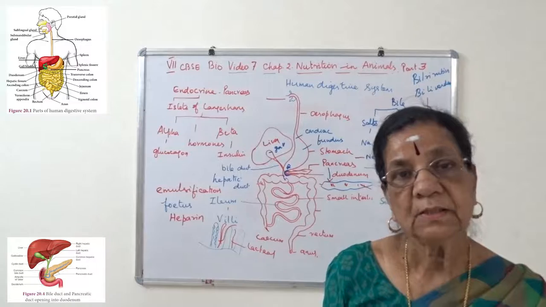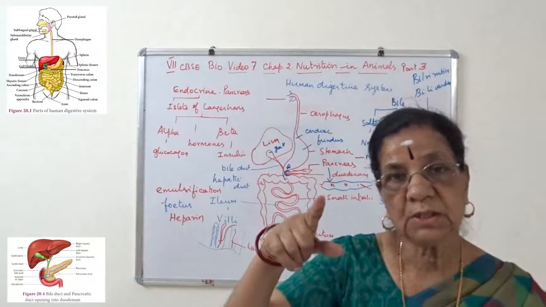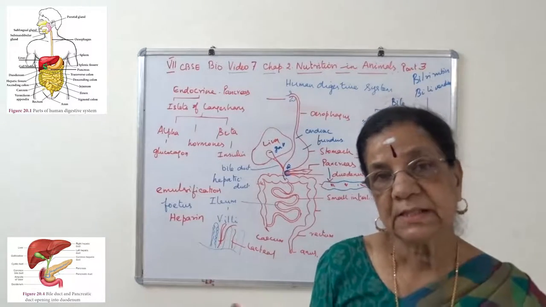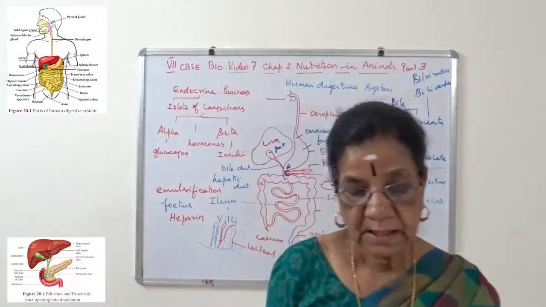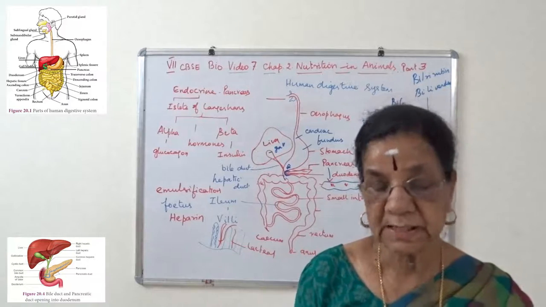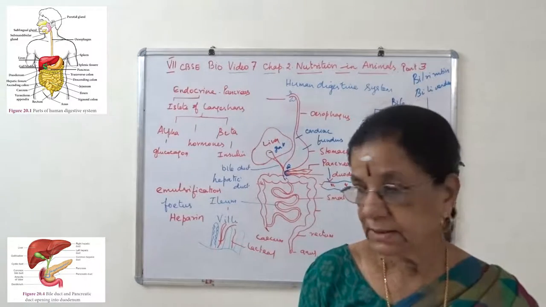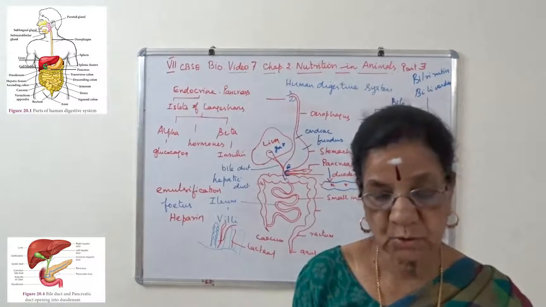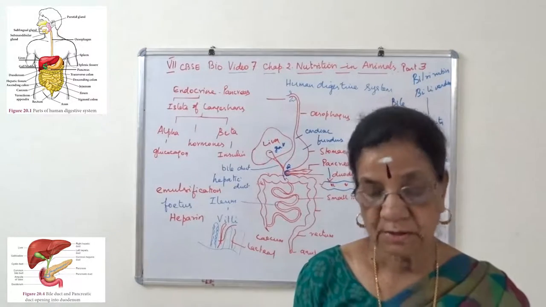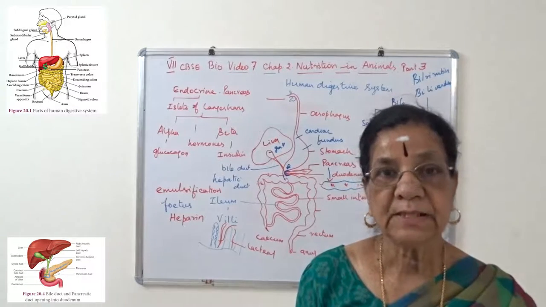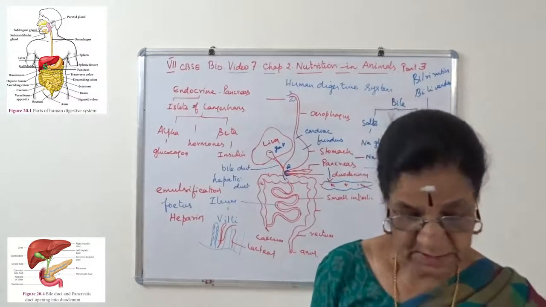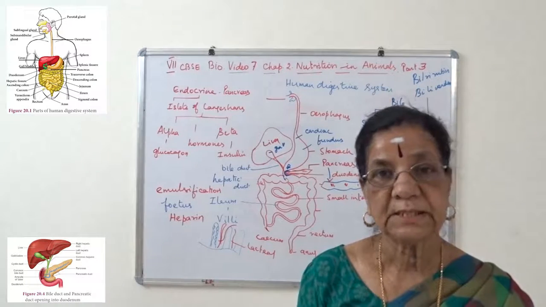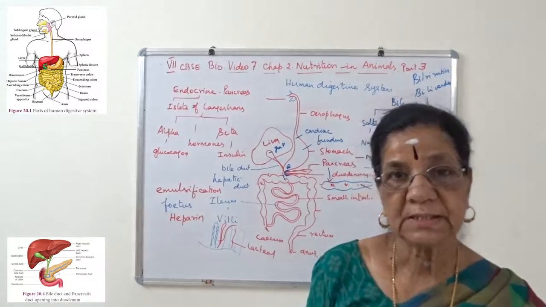Right? And then the colon: ascending colon, transverse colon, descending colon, continued as rectum and anus. The undigested or unassimilated part of the ingested food material is thrown out of the body through the anal aperture as fecal matter, and this is known as egestion or defecation. I hope you understand this.